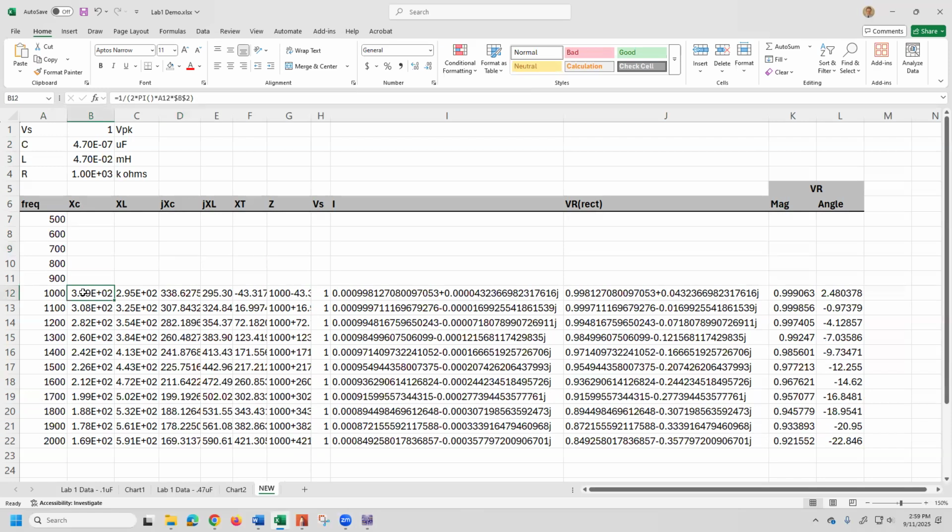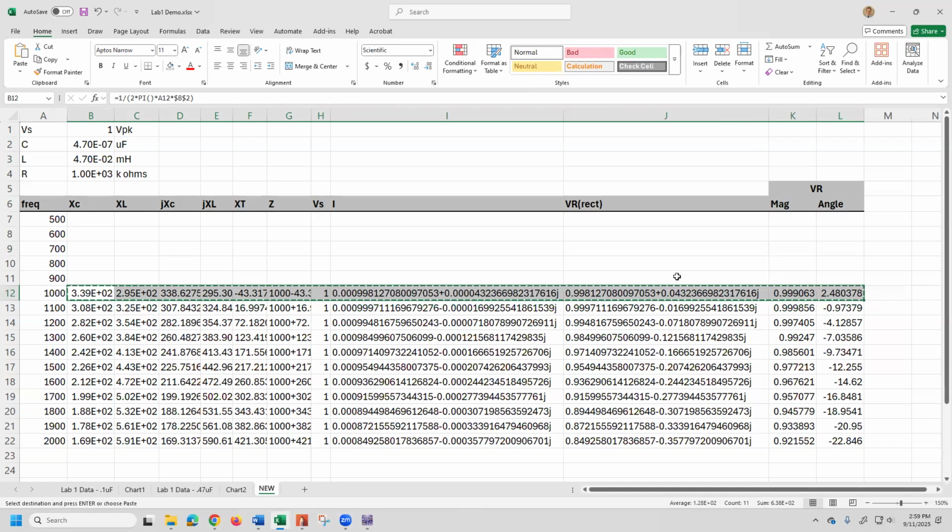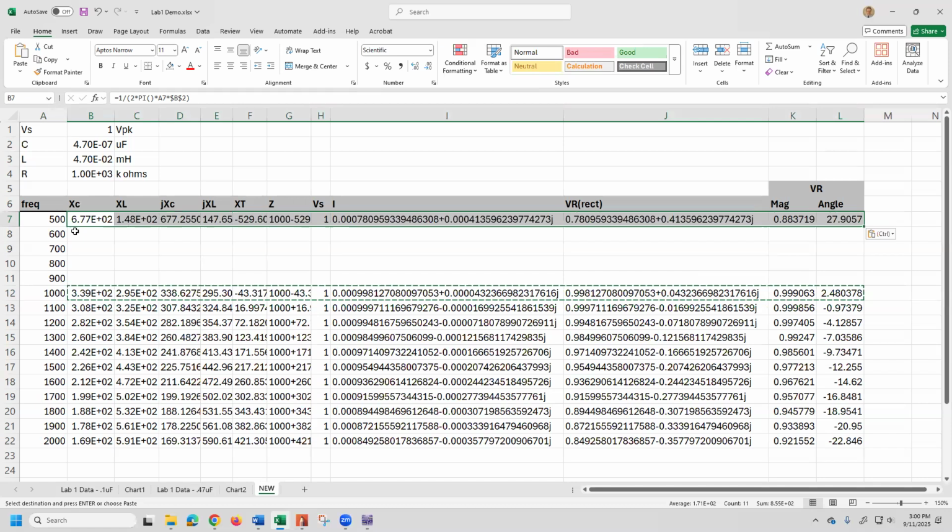Okay, now click on this first row and drag across and copy it. Hit Control C. And then put the cursor there and hit Control V. It'll auto index for you.